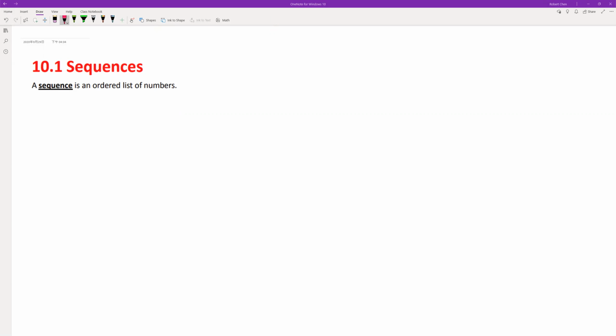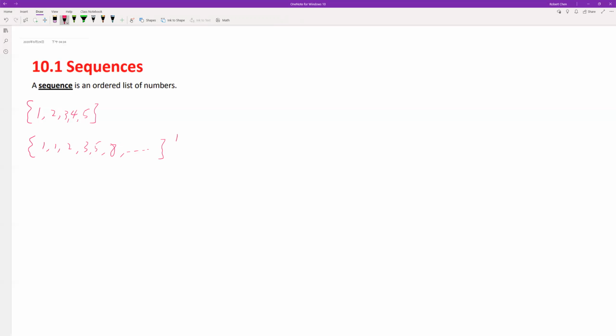So a sequence is an ordered list of numbers. Let's say I have a list of numbers, let's say 1, 2, 3, 4, 5, right? That can be called a sequence, or I can have something a little different, like 1, 1, 2, 3, 5, 8, and so on. And this is actually a really fun sequence, one of my favorite.